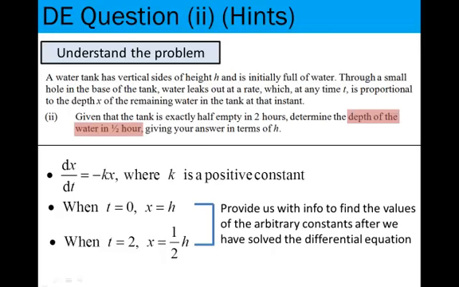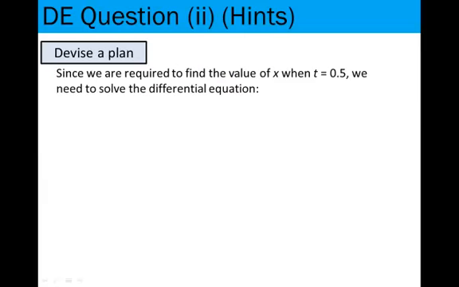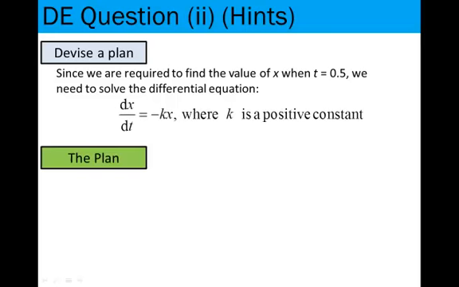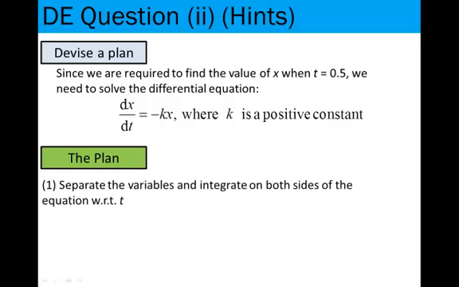Question: I need to find the depth of water in half an hour's time. So since we are required basically to find the value of x when t is equal to 0.5, we need to solve the differential equation which we have shown in part 1, that dx/dt is negative kx. How do we do that? First of all, I'm going to try and separate the variables, keep my x on one side, keep the t on the other side, and then I'm going to integrate both sides with respect to t.